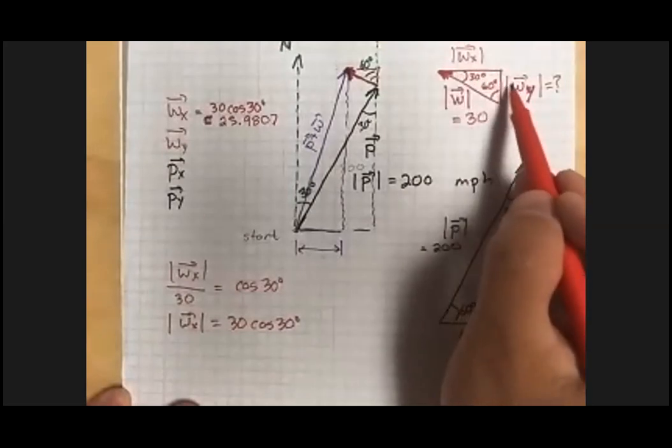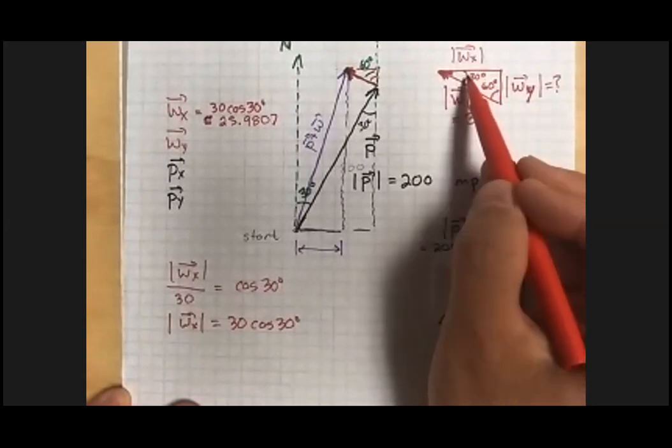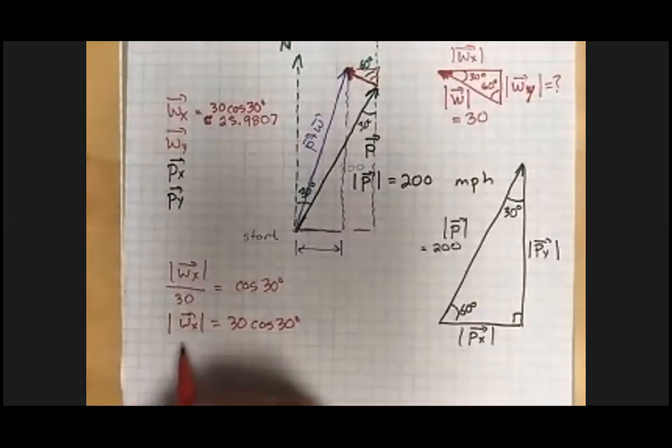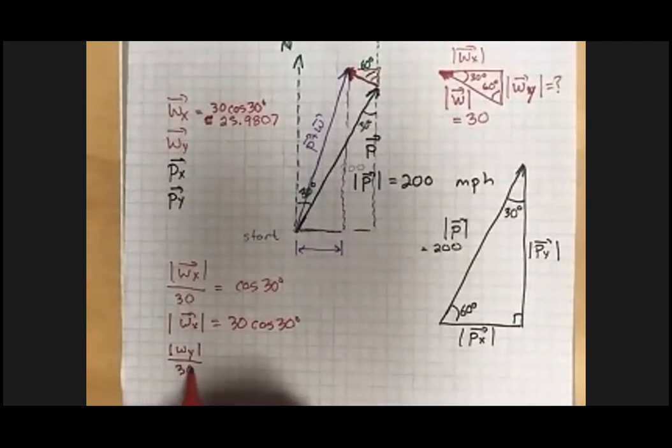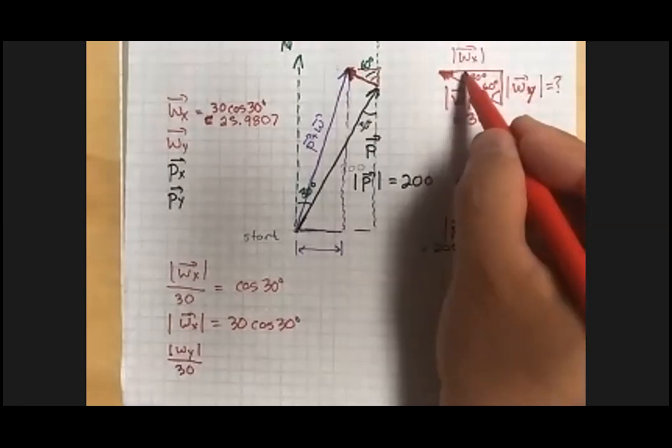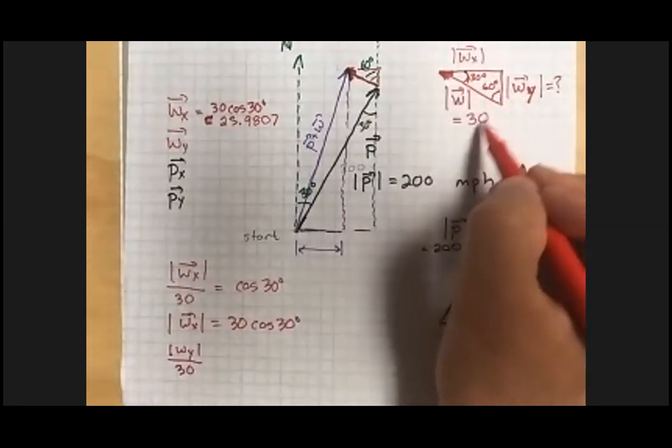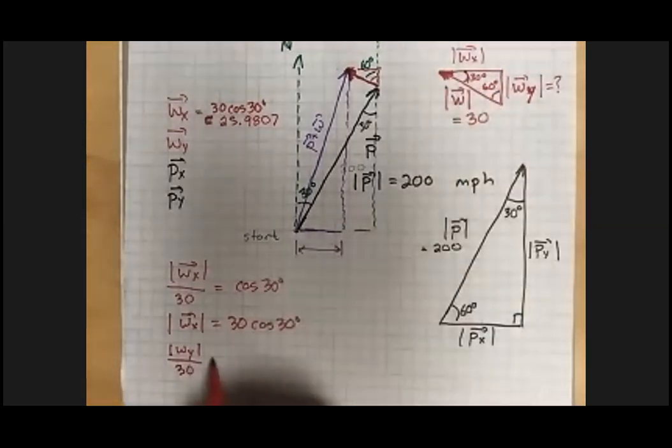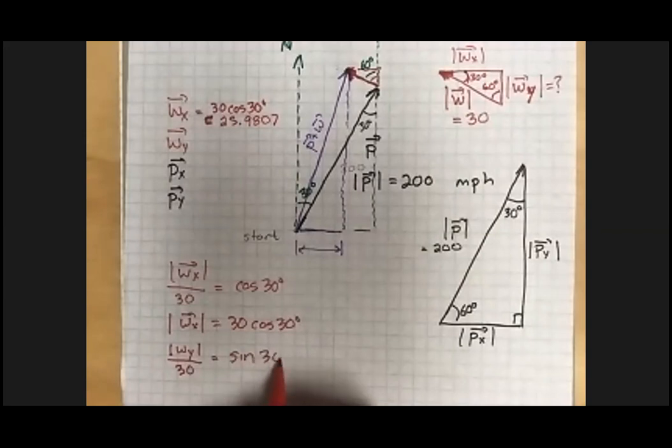WY is the opposite side to 30 degrees. I could use 60 degrees too, but the opposite side of 30 degrees. So WY divided by 30, opposite of 30 degrees divided by the length of the hypotenuse 30, going to give me the sine of 30 degrees. And that means that WY, always put the little arrow hat on it, is 30 miles per hour times the sine of 30 degrees.